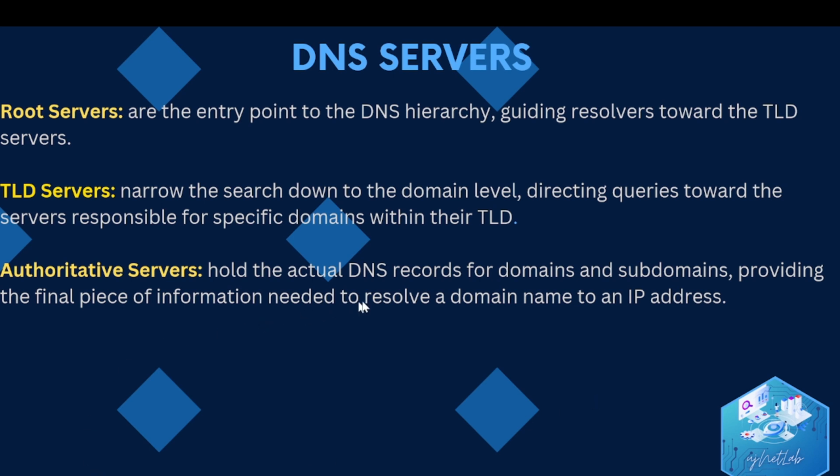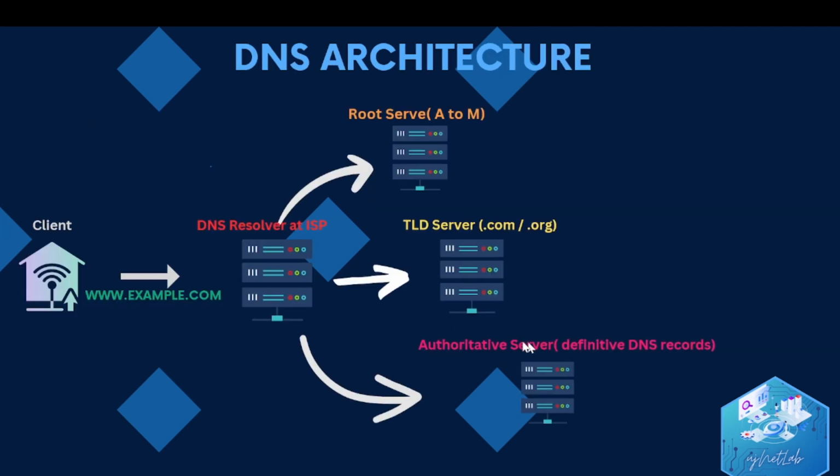It is the final piece of information needed to resolve the domain name to an IP address, because here we know the IP and give it back to the client. Machines talk in the IP world, but we humans cannot remember all the IPs, so we need to use page names. That's why we need DNS for name to IP resolution and back from IP to name resolution.